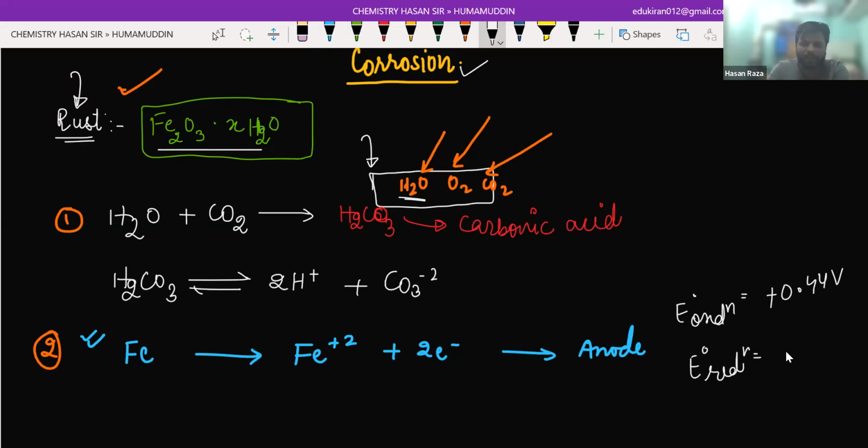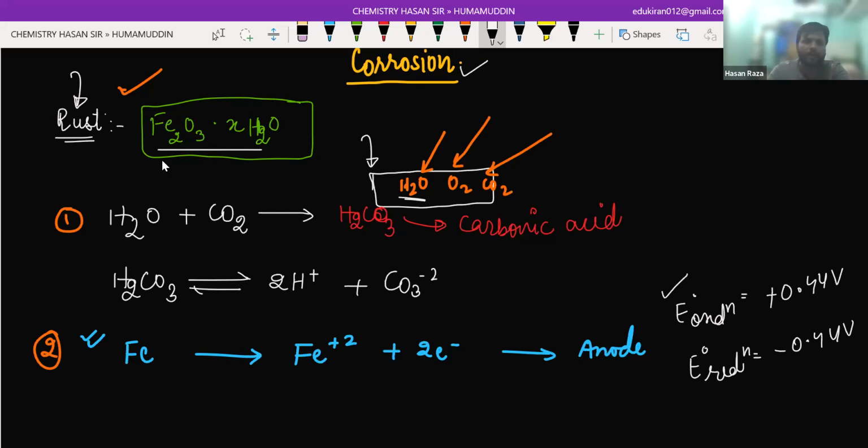It will be minus 0.44 volt, because I told you only the sign changes. They are numerically equal, oxidation potential and reduction potential for a particular metal, only the sign changes. So if E naught oxidation is plus 0.44 volt, that means E naught reduction will be minus 0.44 volt. Is that clear? Yes, sir.